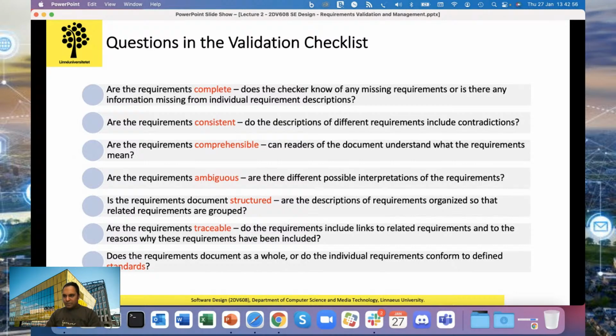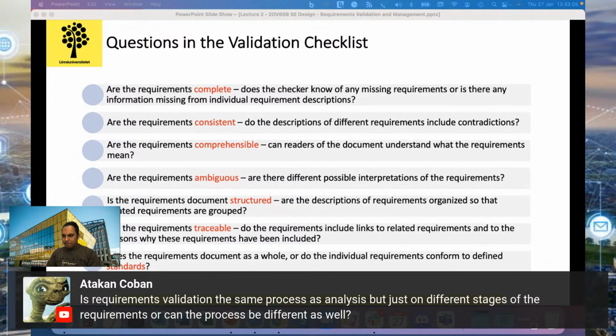There is also a question on YouTube: is requirements validation the same process as analysis, but just at different stages of the requirements, or can the process be different as well?